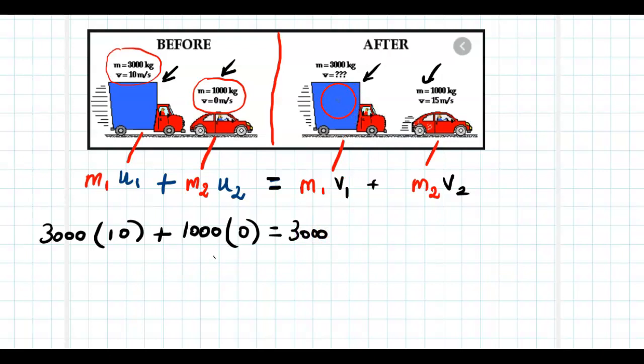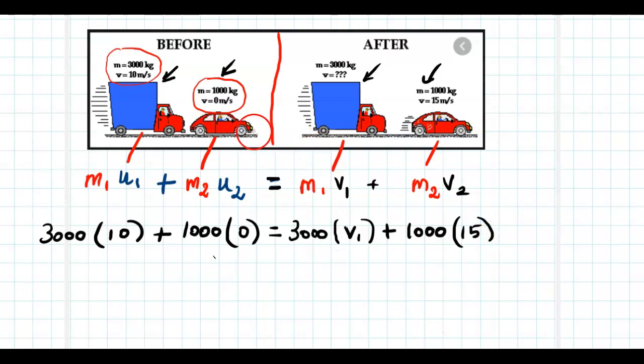What is the velocity once the truck hits the car, and still it is moving? How much will the speed be? We can find it here, v1. It is not given. What is the mass of the car here? 1000. What is the velocity? 15. It is given.